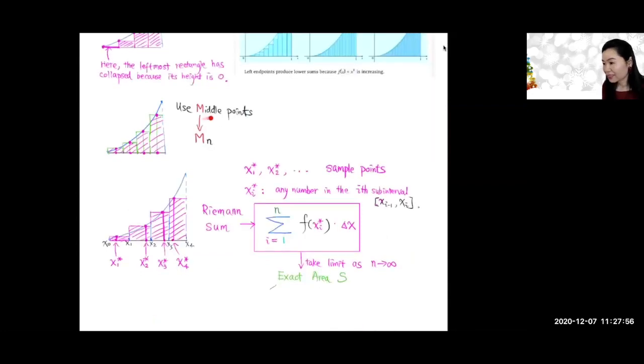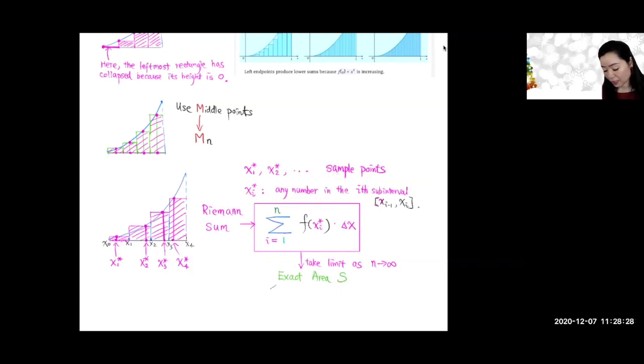Also, you can use any arbitrary point. For example, on the first subinterval, I pick a point. Since x1 is reserved for the end of this subinterval, the x coordinate for this point I'm going to call x1 star. The star just indicates that it is a sample point.